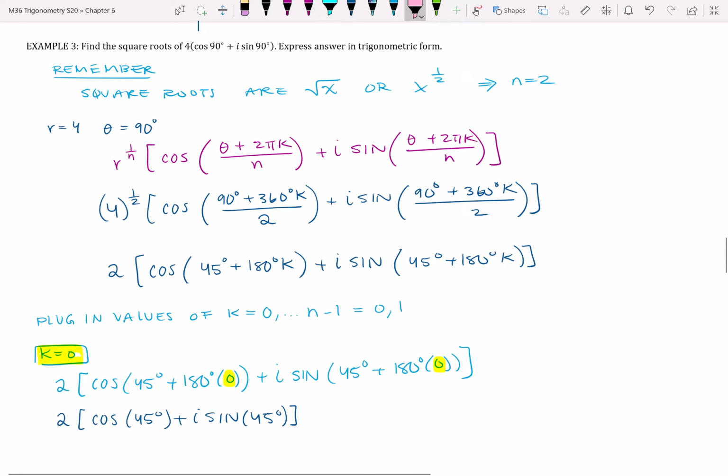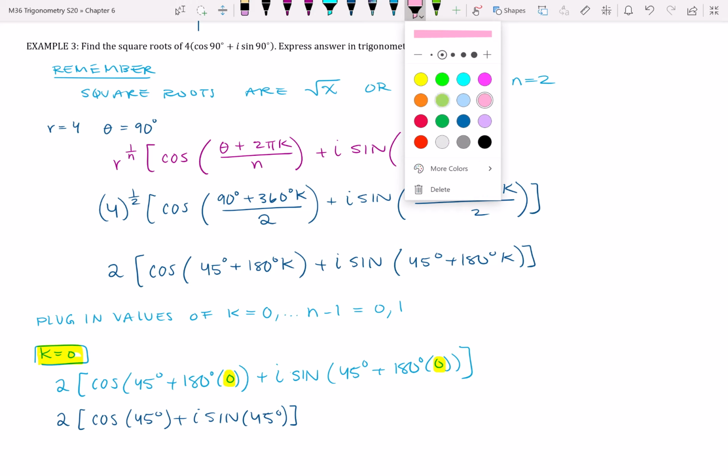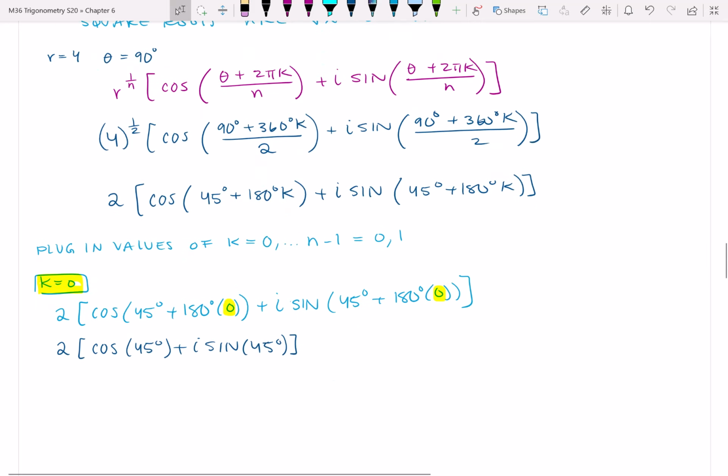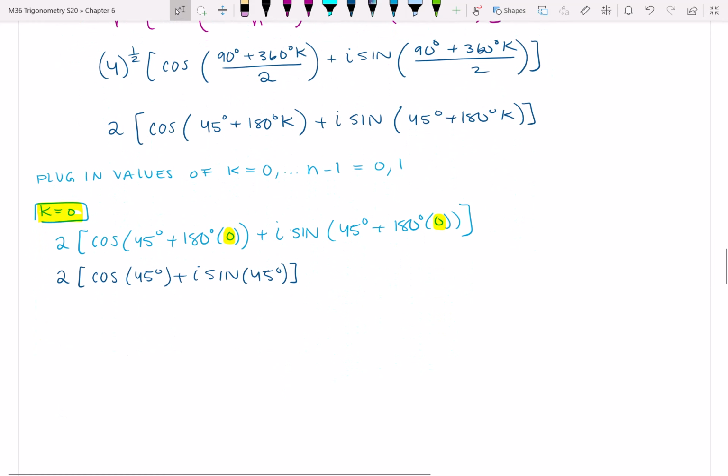It's asking us to leave it in trigonometric form, and so that would be the final answer. If it asks for a complex number, like a plus bi, then we would have to simplify this. But it's asking to express in trigonometric form, which is nice because that reduces our work here.